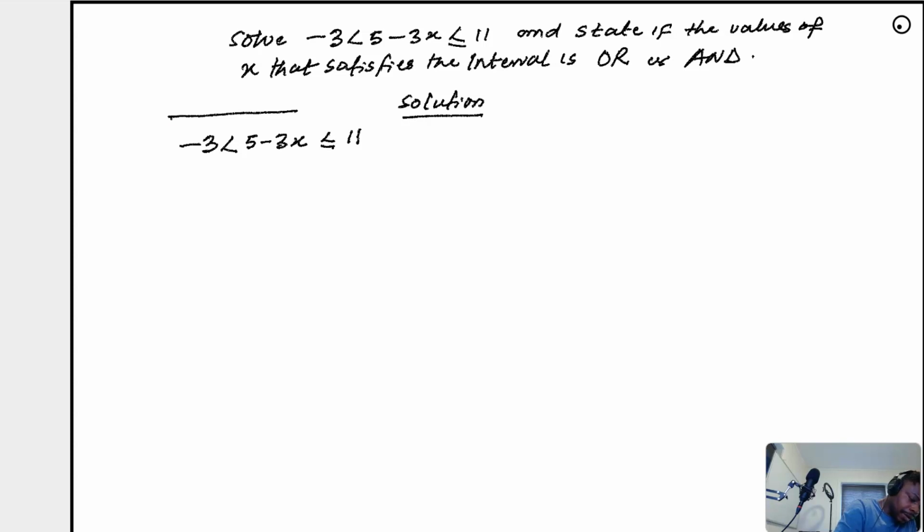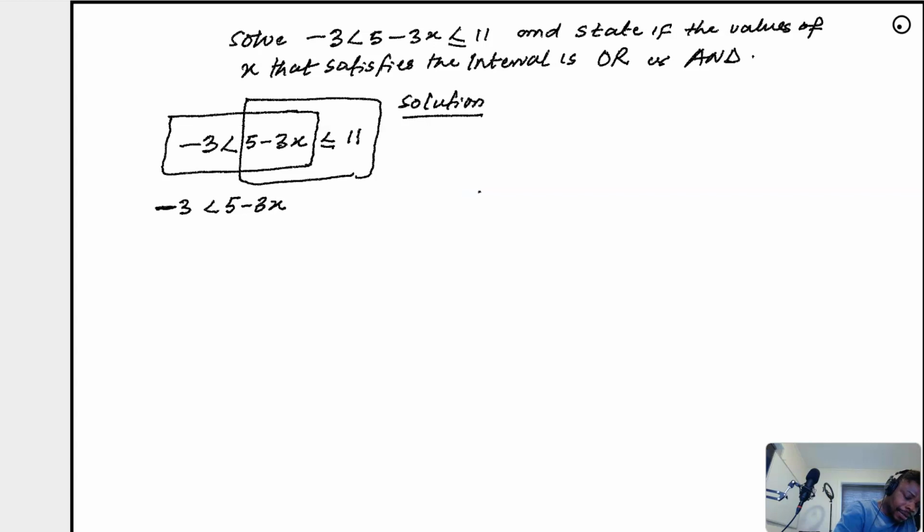I'll pick the first left and right, and that is minus 3 less than 5 minus 3x, and I will pick the second left and right, and that is 5 minus 3x less than or equal to 11. So I have two linear inequalities. So let's solve this one here.